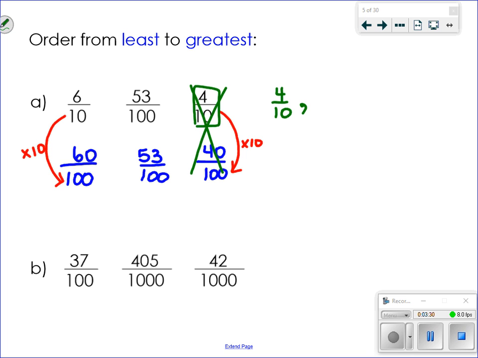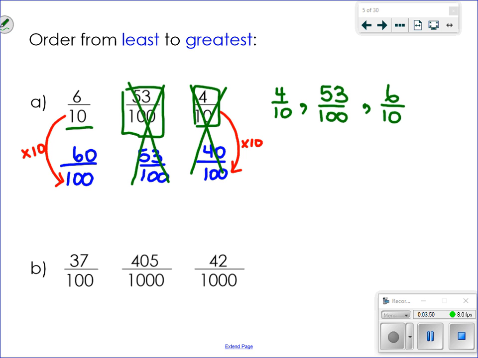Which one is the next greatest? 53 hundredths, but I go back to its original, which in this case just happens to be the same. We didn't have to change that one. And which one is the greatest fraction? 60 hundredths, which if I go to its original form, that was 6 tenths. So I've done that. Okay, let's try another one.